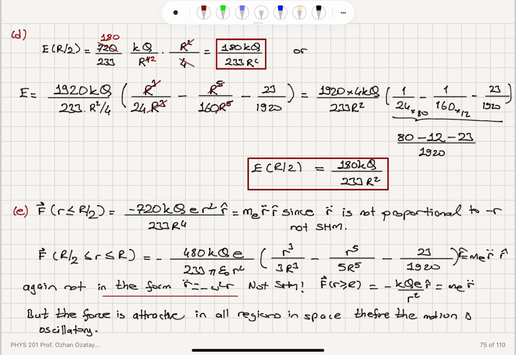So if the electron moves in space from r equals 0 to some negative r value, it feels an attractive force towards r equals 0. If it moves to some positive r value, it feels an attractive force towards r equals 0. So therefore, it's going to be oscillatory motion, but the equation of motion is not in the form r double dot equals minus omega square r, as shown in all three regions in space. Therefore, oscillatory but not simple harmonic motion.